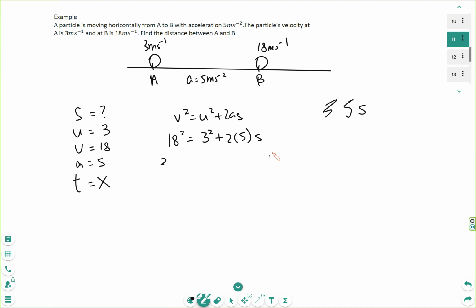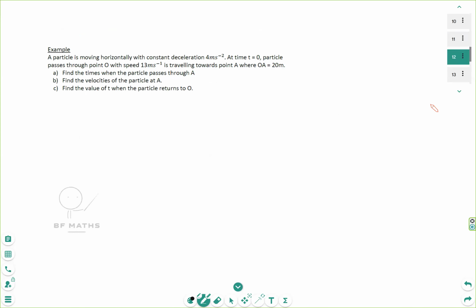So 18² is 324, equals 9 plus 2 × 5 is 10, 10s. We cannot put them together, so subtract the 9 over, becomes 315. So 315 = 10s, divided by 10, s = 31.5 meters.